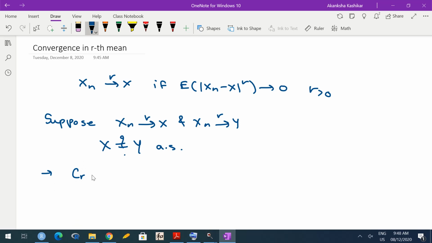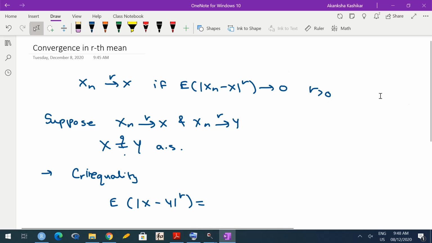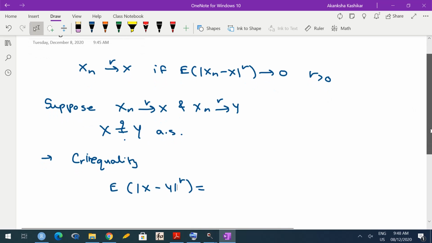Now we are going to use the moment inequalities to prove this. So we have the Cr inequality. Cr inequality says that if I have two random variables X and Y, then I can try to do some modifications about their expectation.